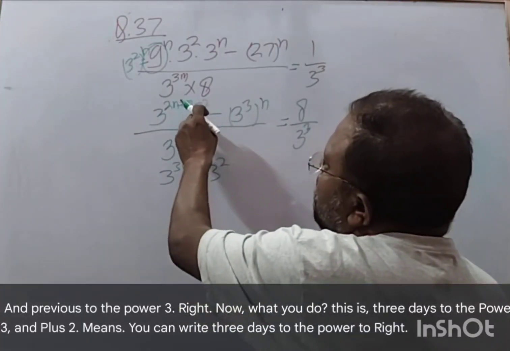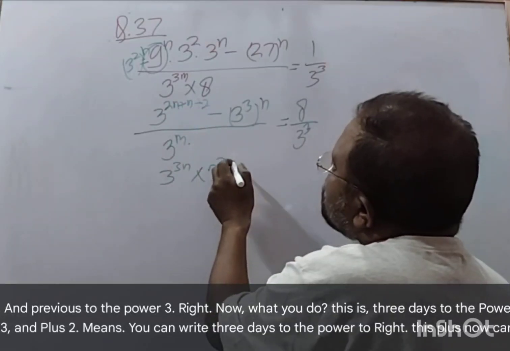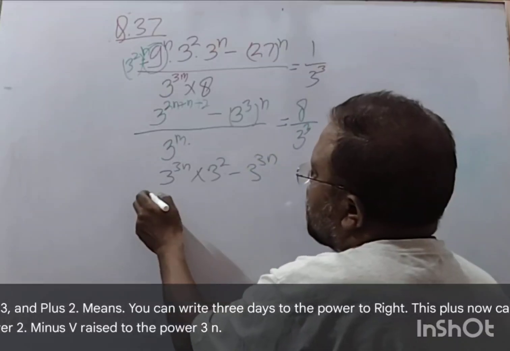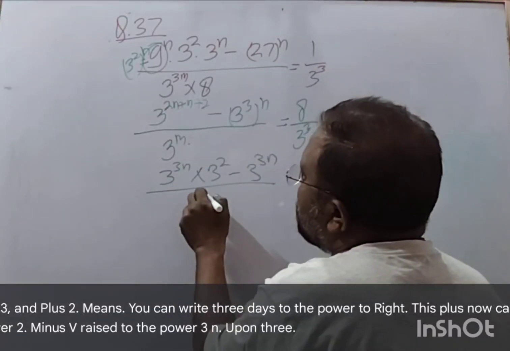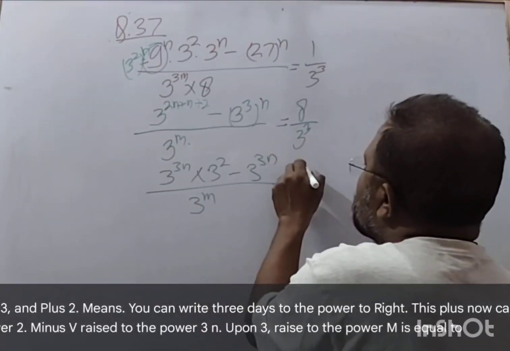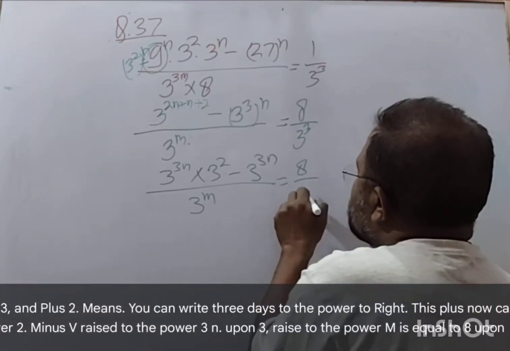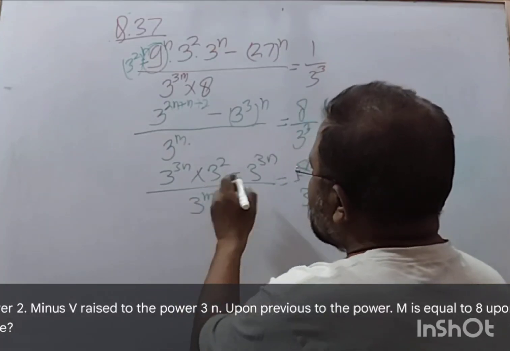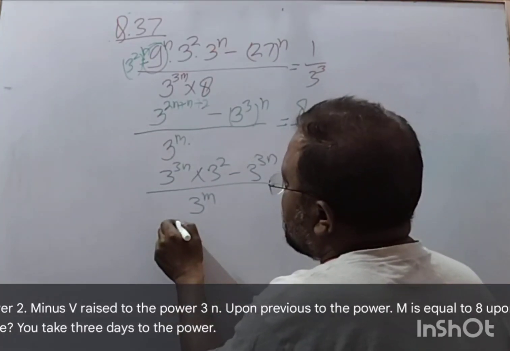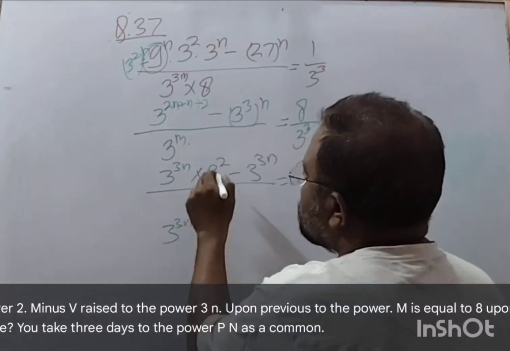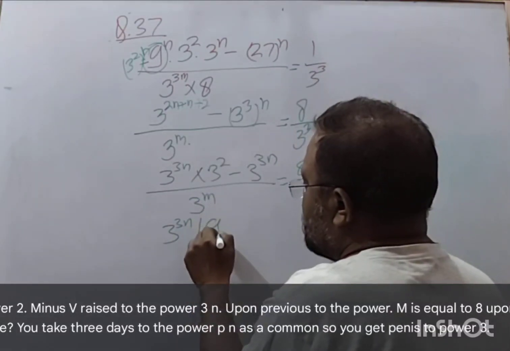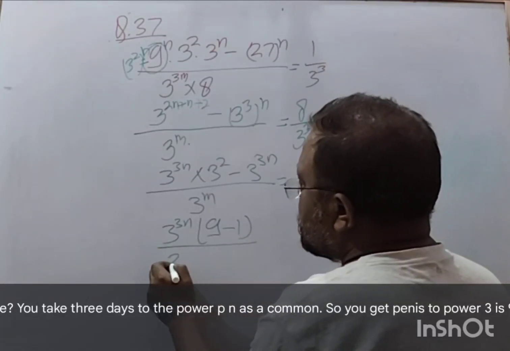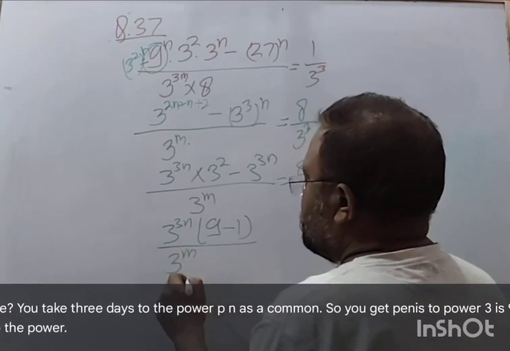This can be written 3 raised to the power 2 minus 3 raised to the power 3n, upon 3 raised to the power 3n, is equal to 8 upon 3 raised to the power 3. You take 3 raised to the power 3n as a common. So you get 3 raised to the power 2, which is 9, minus 1.